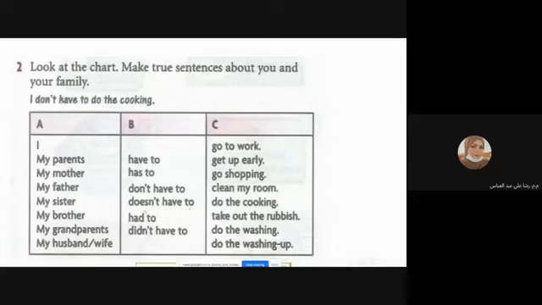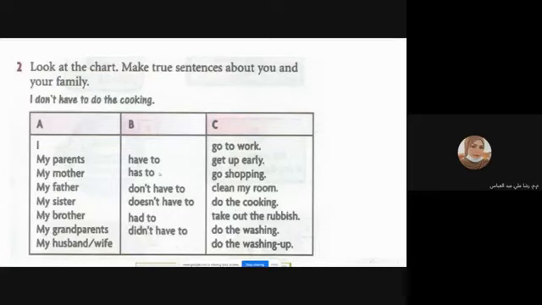Notice that in the negative, don't and doesn't are followed by have to, even when the subject is singular, for example, my father doesn't have to go shopping. Why? Because the s was moved to does, so we put have in the infinitive form.